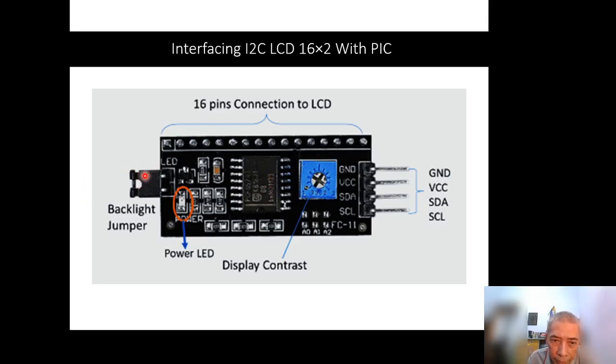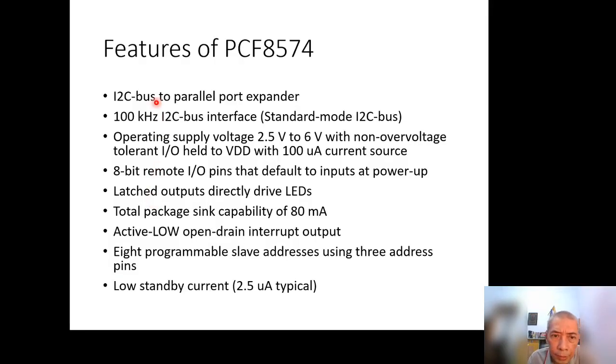This is the backlight jumper, so you can turn it off and on using this jumper. And you can see the features of the PCF8574. Please read this; I will not read it for you. You can pause the video and read the features of the PCF8574.